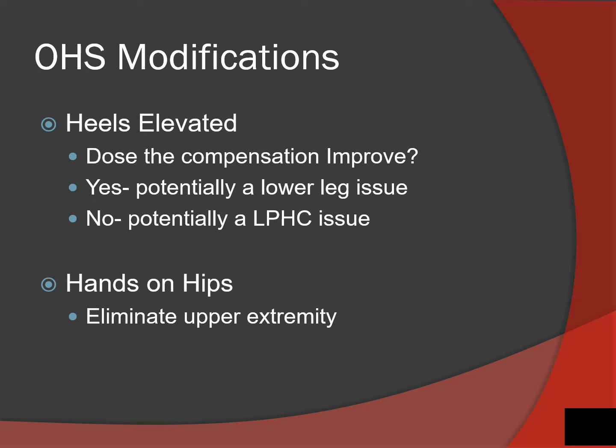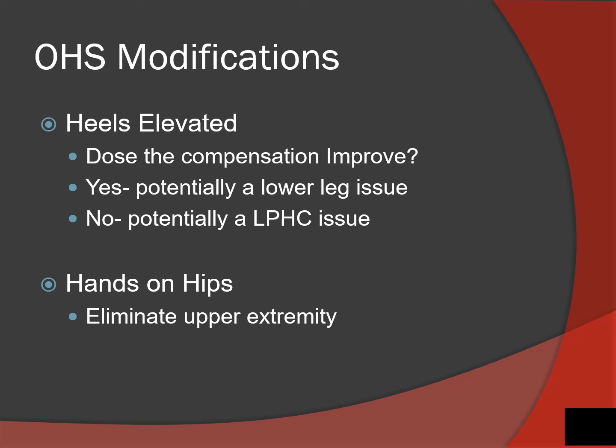Then I elevate their heels with the 2x4, and does the compensation improve? If the compensation does improve, you probably have a potential lower leg type of issue. But if there's no difference with and without the board, you potentially have a lumbopelvic hip complex.